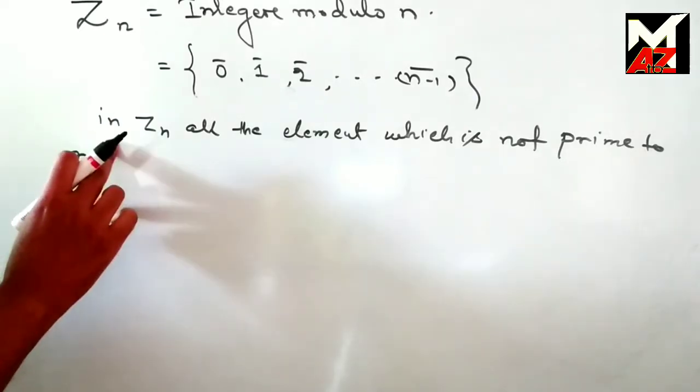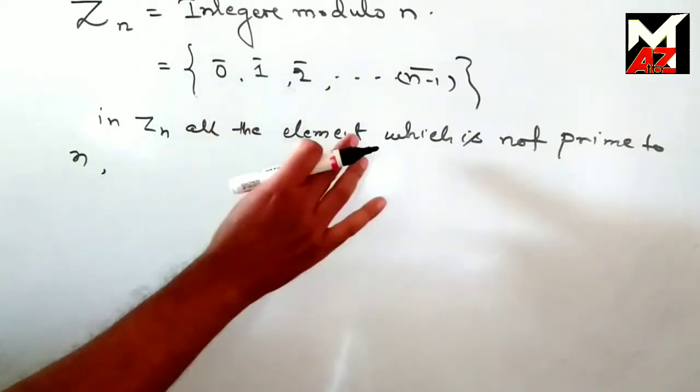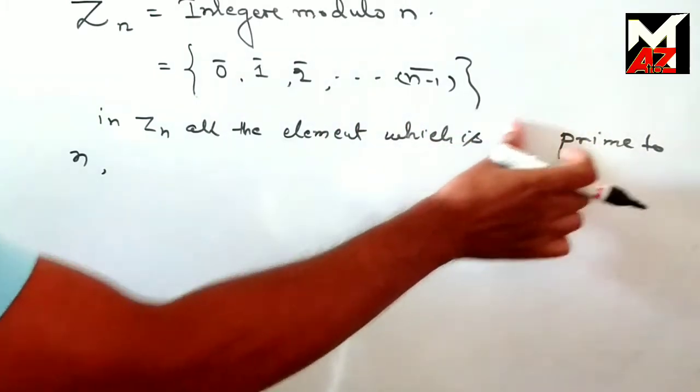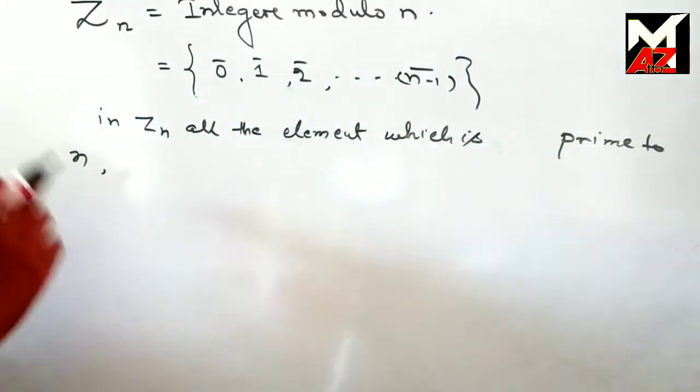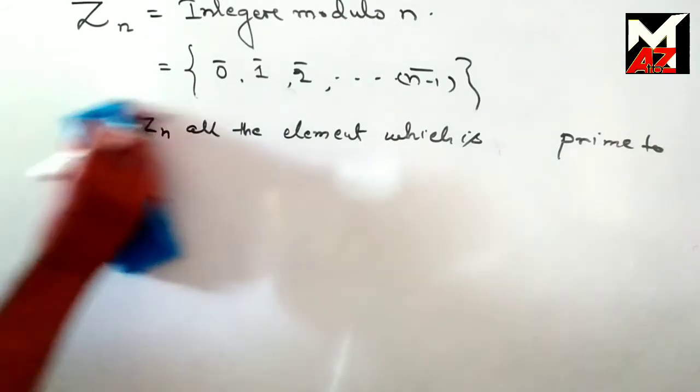But if in Zn all the elements which are prime to n, then the inverse must exist. And this is the if and only if theorem or property. Now we discuss this property.